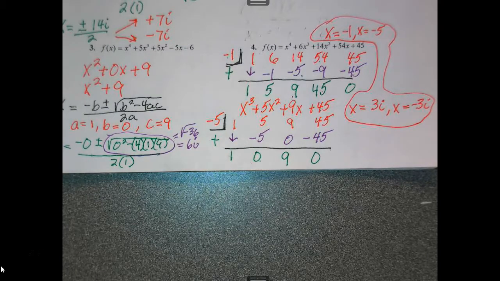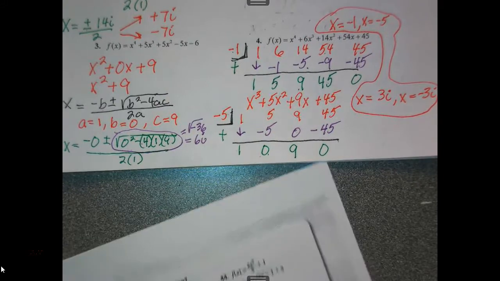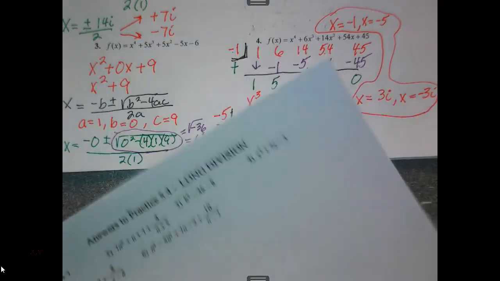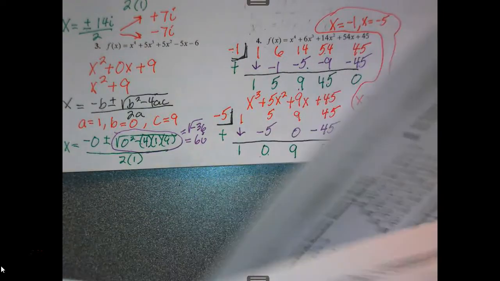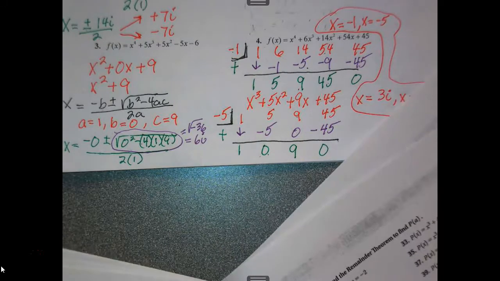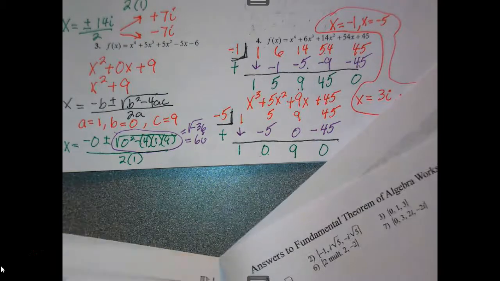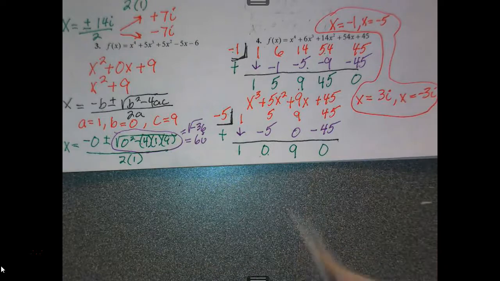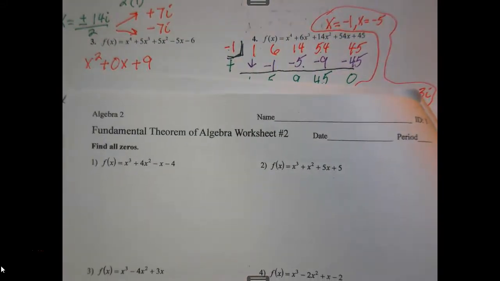Okay, on your practice packet, you have a 5.6 practice sheet. You can do your 5.6 practice sheet after the bookwork. Finding the zeros. You've got 8 problems to do. There you go.